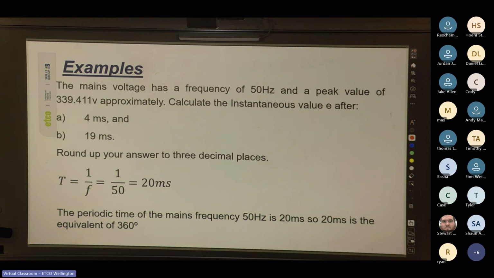So we can take 360 degrees and divide it by 20 milliseconds, so that we know after every millisecond how many degrees it has gone through. For 4 milliseconds, 360 divided by 20 gives us 18, and multiplying by 4 gives us 72. So instead of giving us an angle, they've given us a time period.